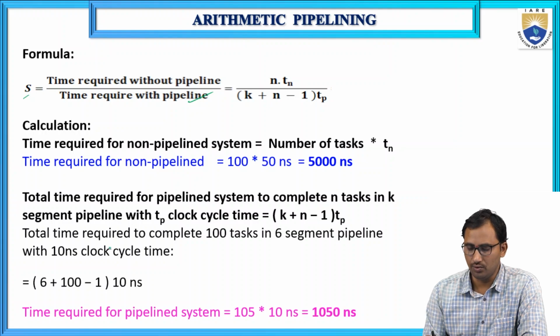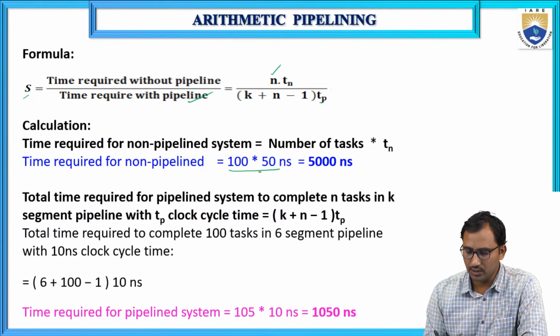The time required without pipeline will be equal to n, the number of tasks, multiplied by Tn, the non-pipelined time required per task. And the time required with pipeline will be equal to (k plus n minus 1) into Tp.